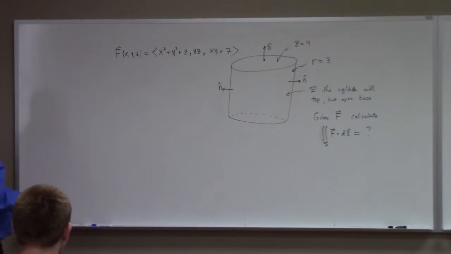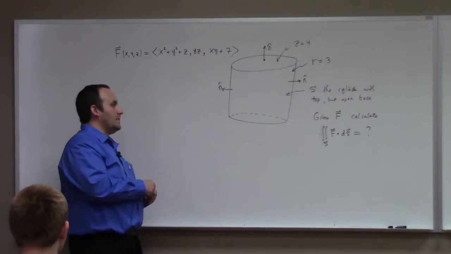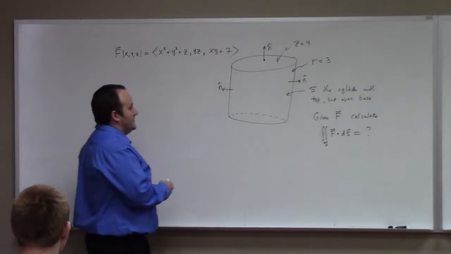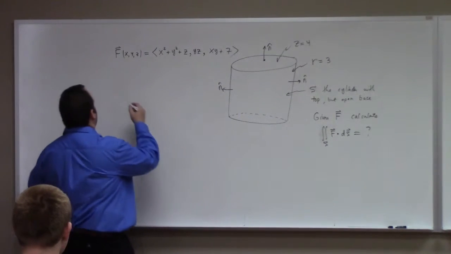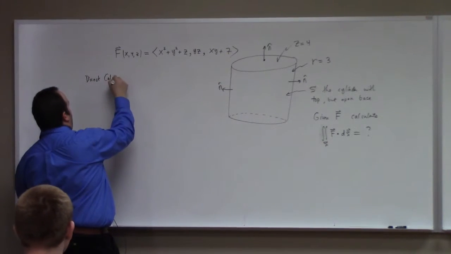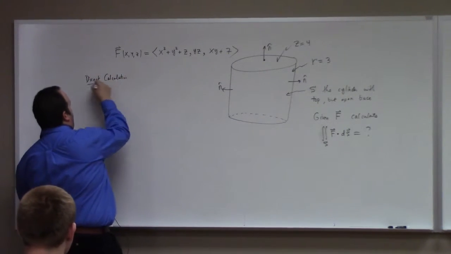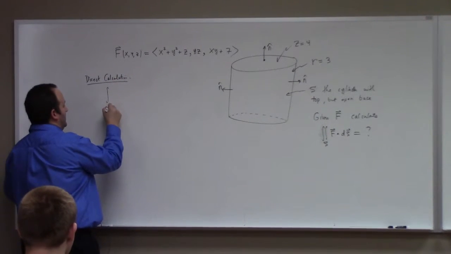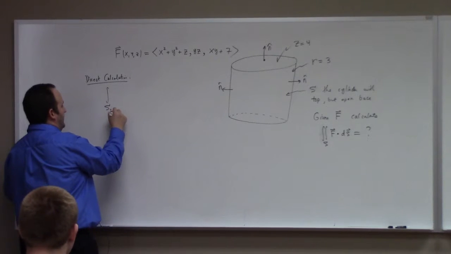I think we can all appreciate why we don't want to do this calculation directly, right? What would you have to do? Direct calculation would look something like the integral over S side.